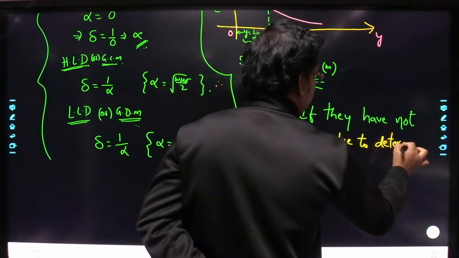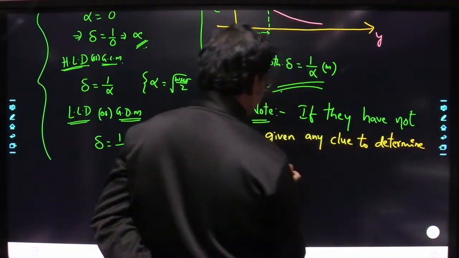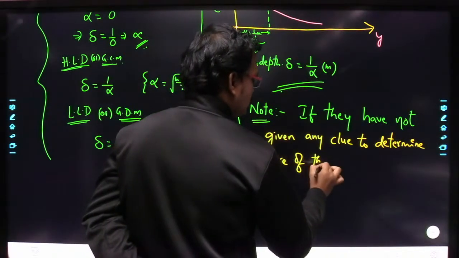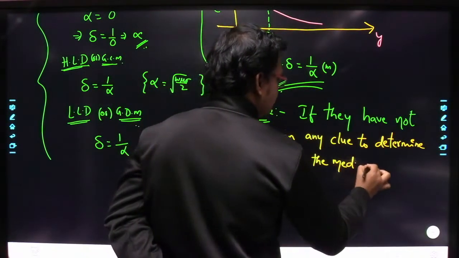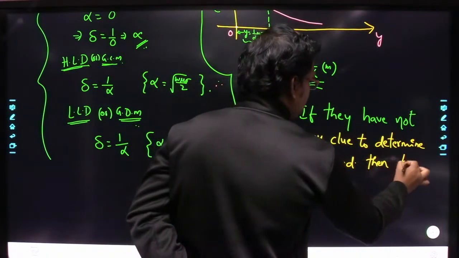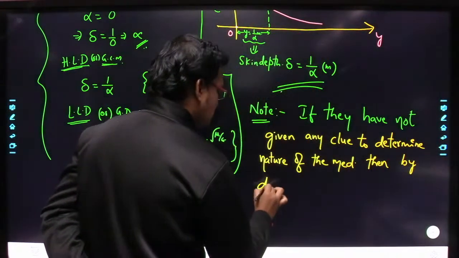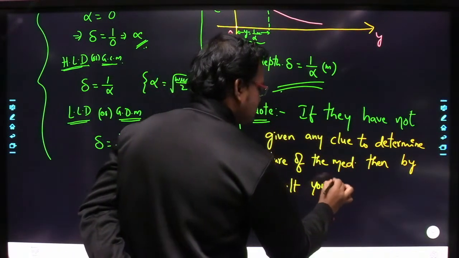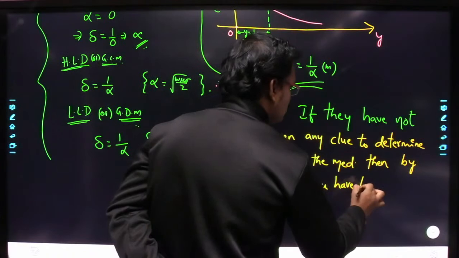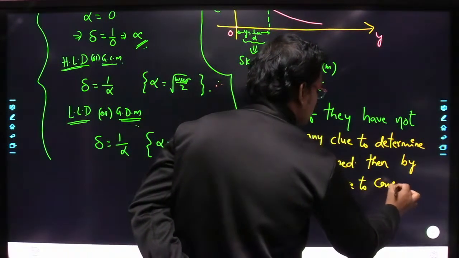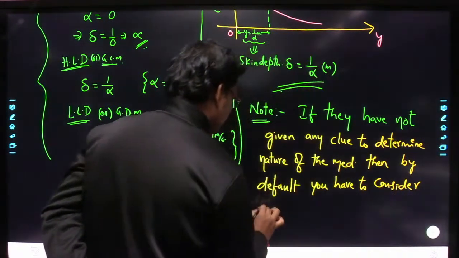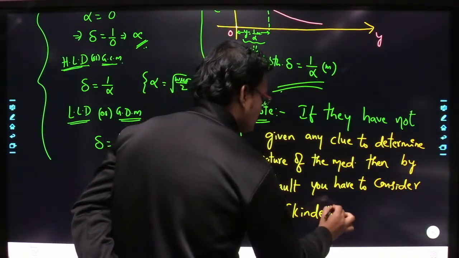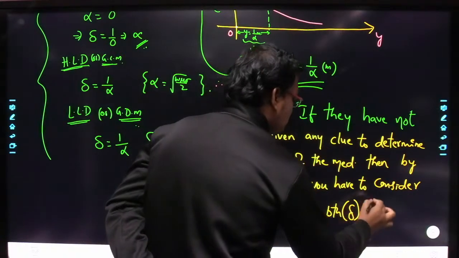To determine the nature of the medium, then by default you have to consider the skin depth delta for what?